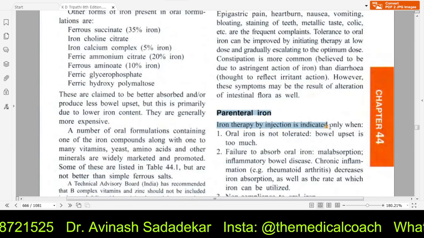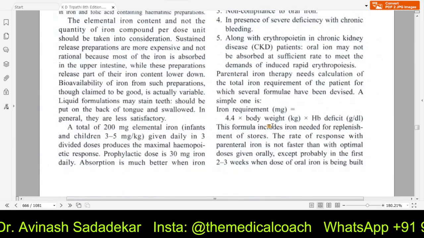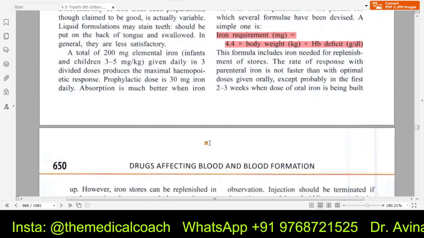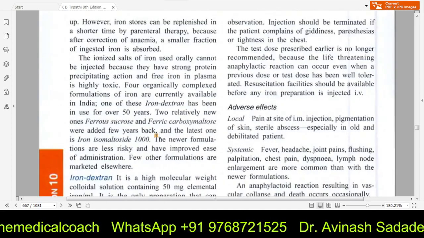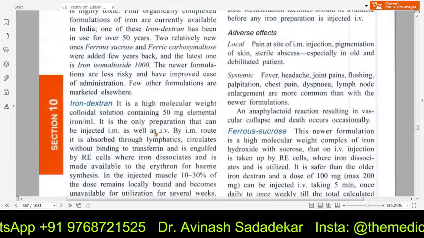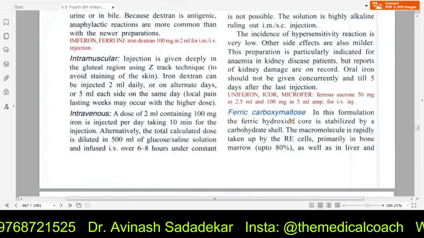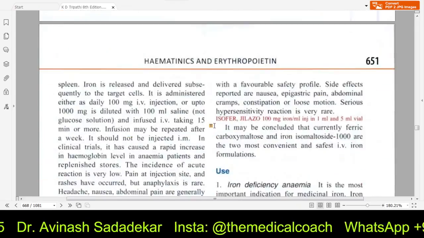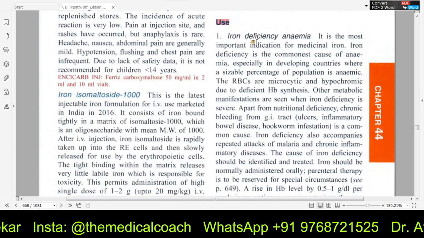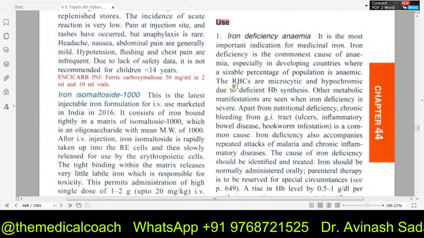We moved on to when to give parenteral iron therapy. We understood the calculation. Okay, we also spoke about the medications, iron dextran and all the others. Please go through this. The uses I have not really mentioned because it's such a logical thing, right?